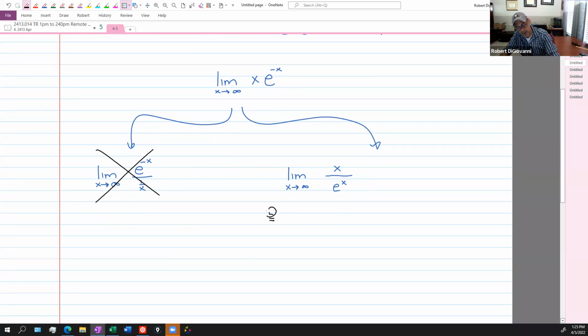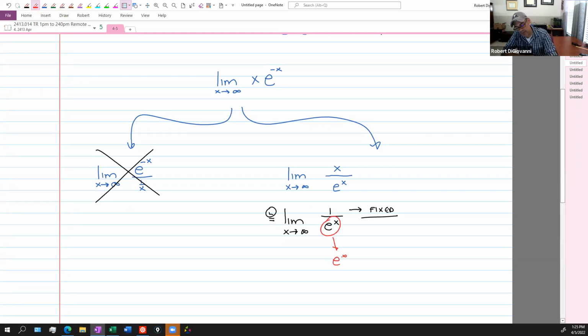So I bring in L'Hopital. Derivative of top is 1. Derivative of bottom is e to the x. So now if I try this limit, this on top is fixed, right? It's not doing anything. And e to the infinity, that's where this is headed.